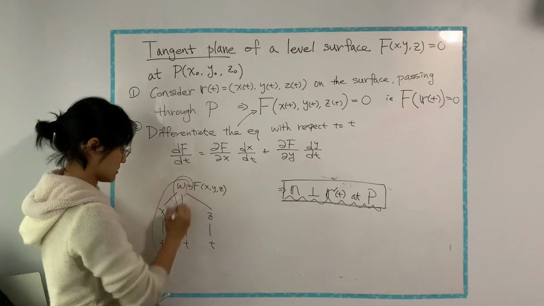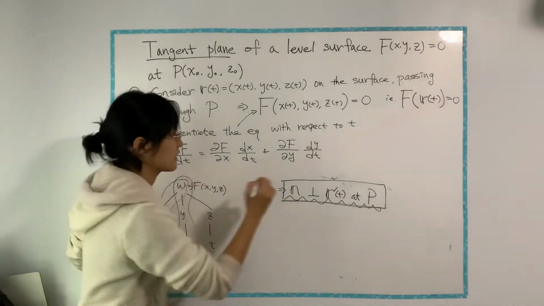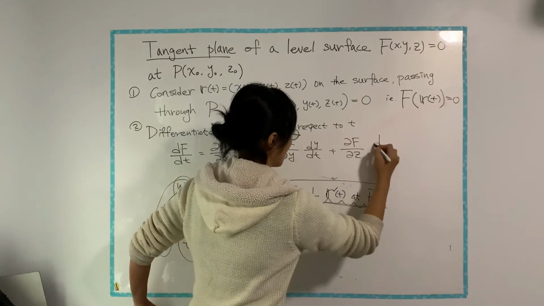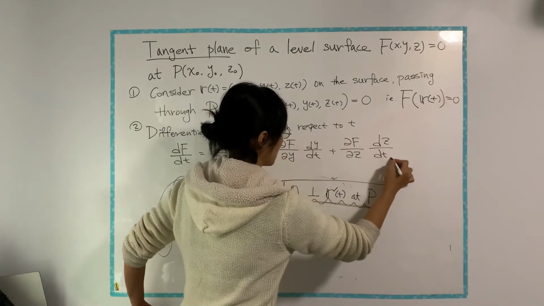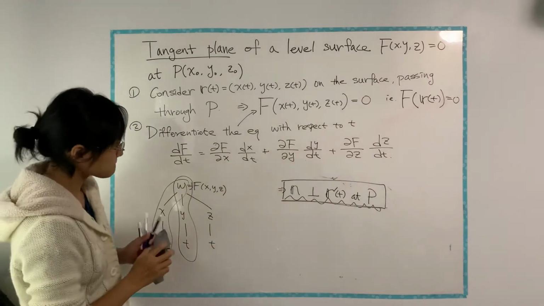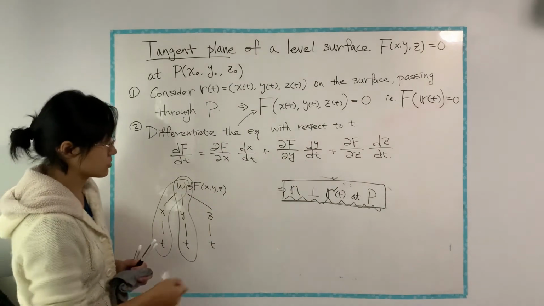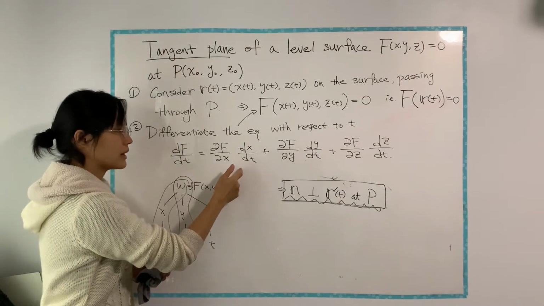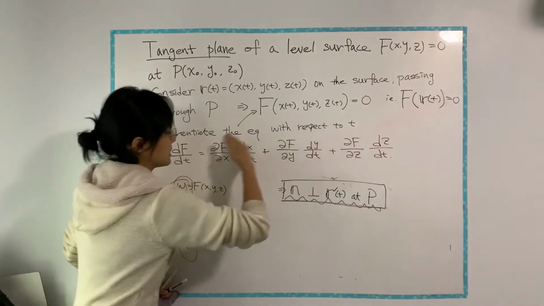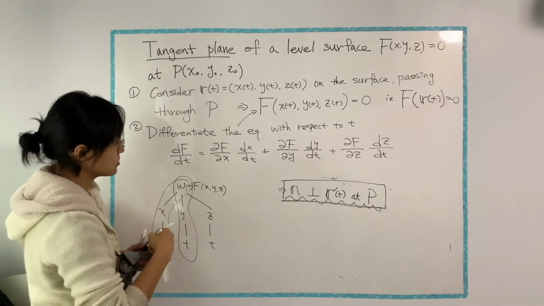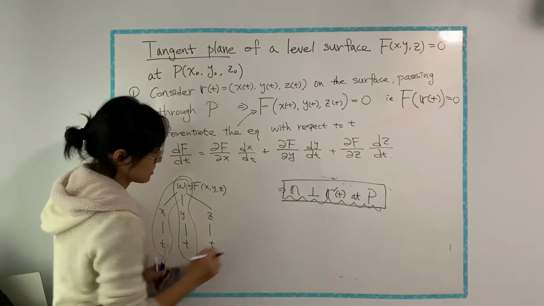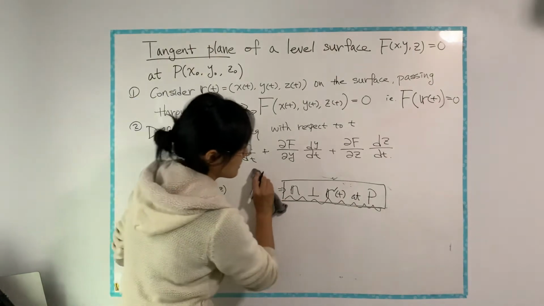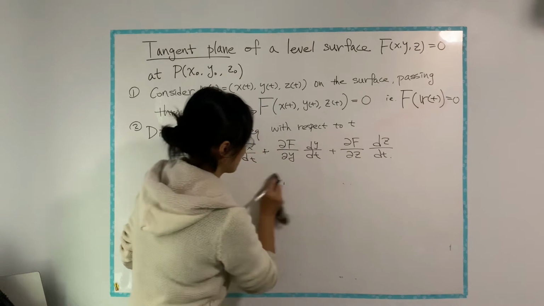Okay, so that's this plus df dz times dz dt. Okay, and now I'm going to rewrite this summation here using the gradient. So, okay, so keep this in mind. I'm gonna erase it.